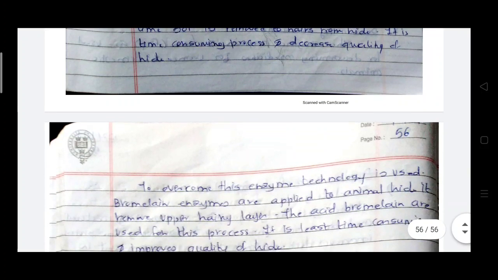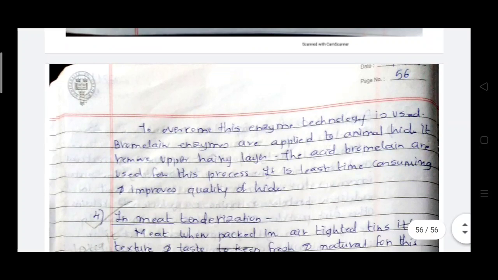But now, due to enzyme technology, it is much easier, because if we use the enzyme acid bromelain on these animal hides, it can easily remove the hairs, it takes very little time, and it also improves the quality of the hides. So nowadays different industries use acid bromelain.